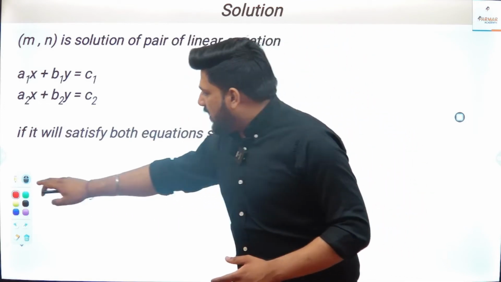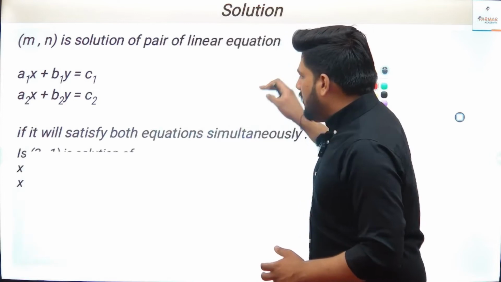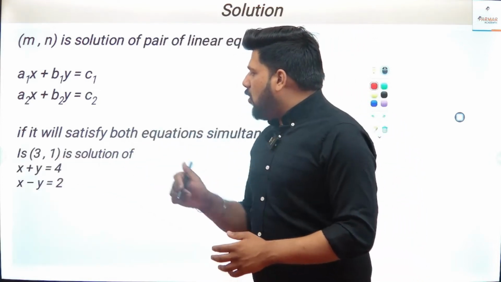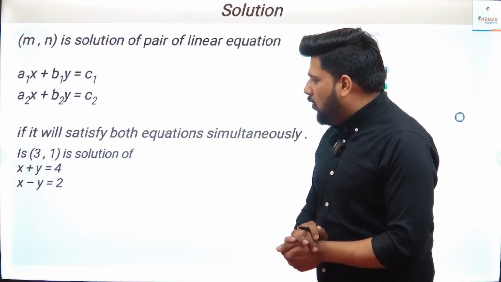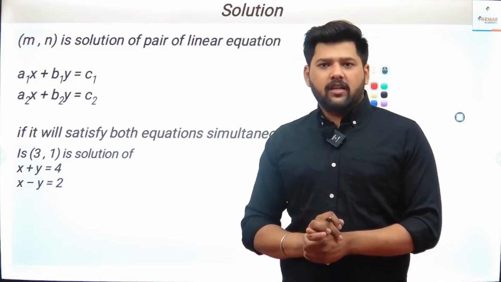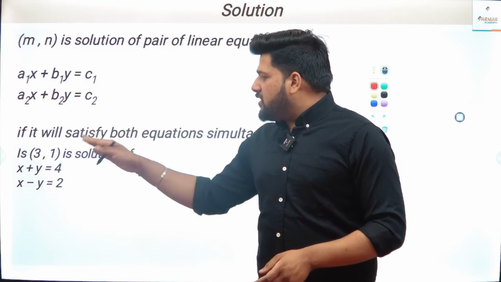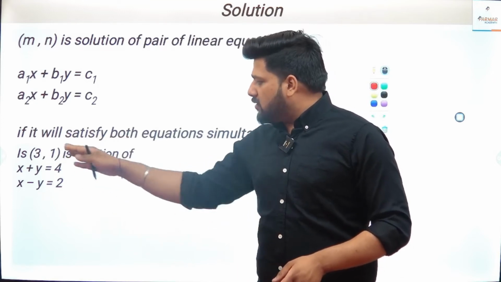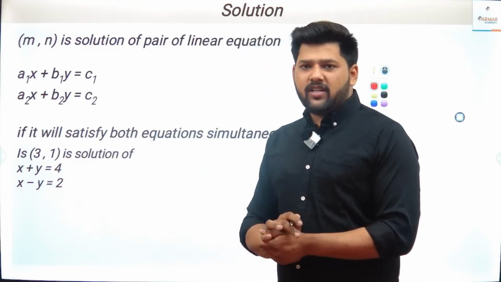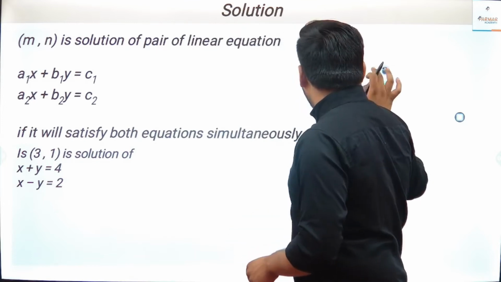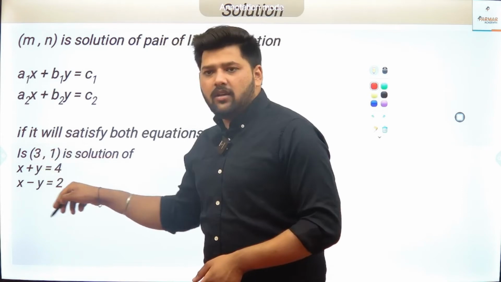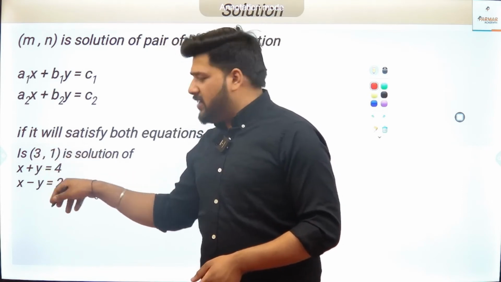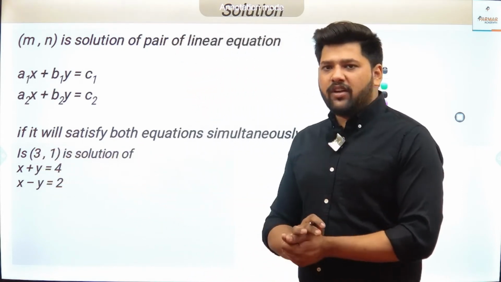Means whatever the solution is, that is satisfy both the equations at a time. So let's take an example. Is (3, 1) solution of x plus y is equal to 4 and x minus y is equal to 2? Means we have to check that is (3, 1) the solution of this pair of linear equation, yes or no. So let's try. If this point is a solution of this system of equations, then it will satisfy both the equations.